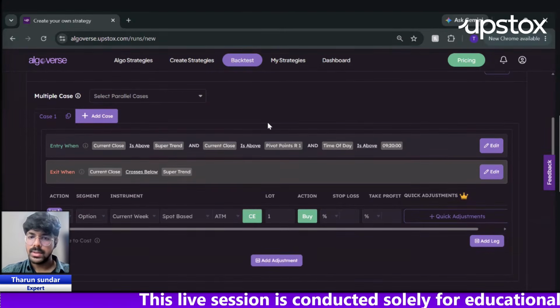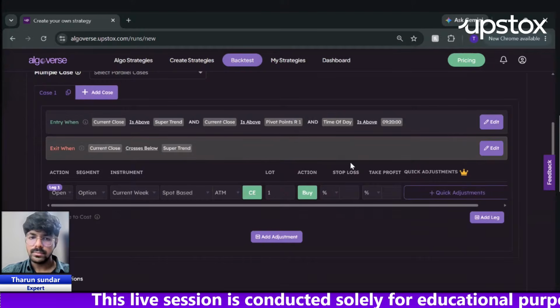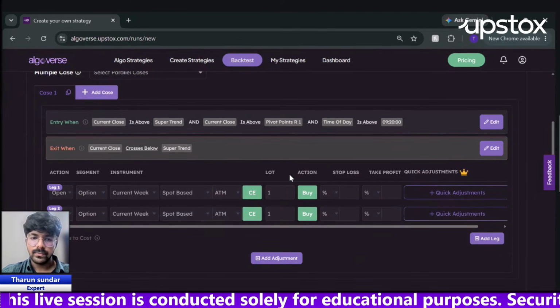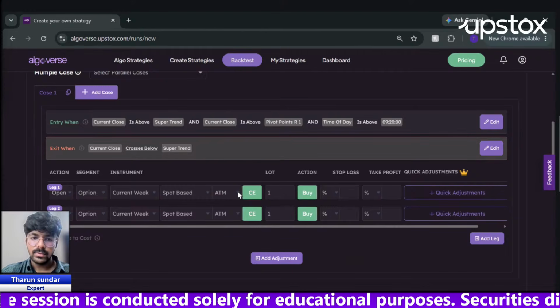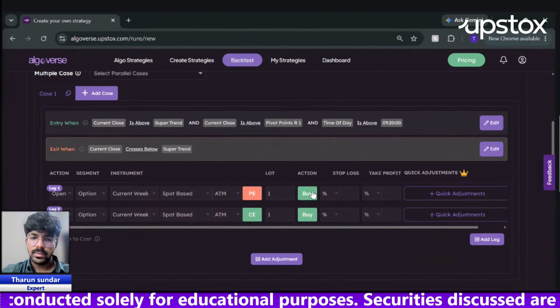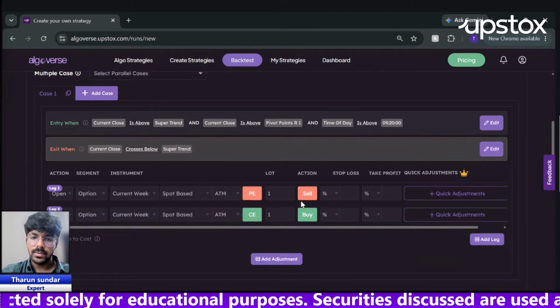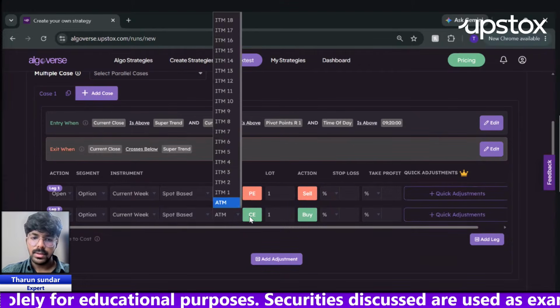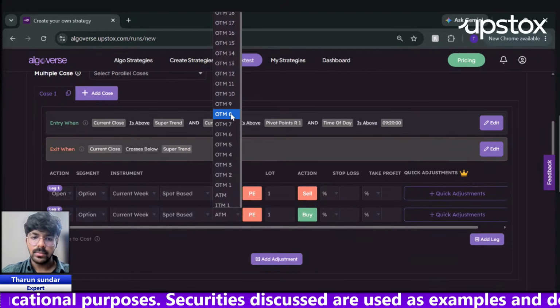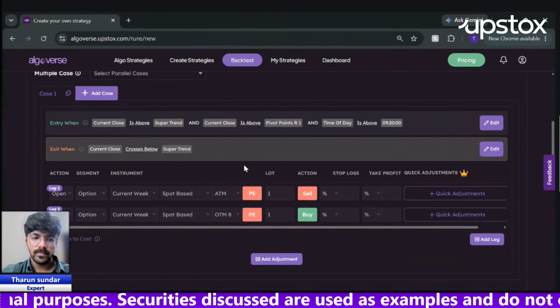So after the entry and exit conditions are configured, here I'm configuring a credit spread. This is a bull strategy. So I'm going to sell an at the money put and buy a far OTM put for hedging.